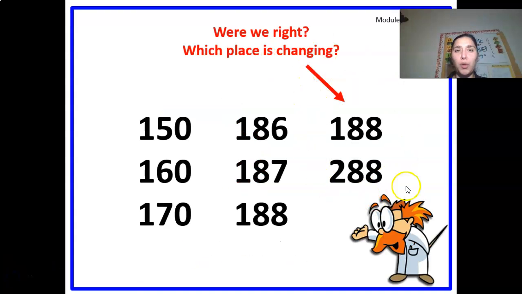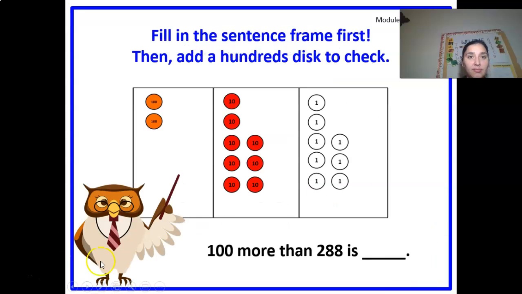Let's look at our list, boys and girls. Were we correct? Which place is changing? Get ready. Yes, the hundreds place. So we're going to use the pattern to finish the sentence. So remember, we have 288.